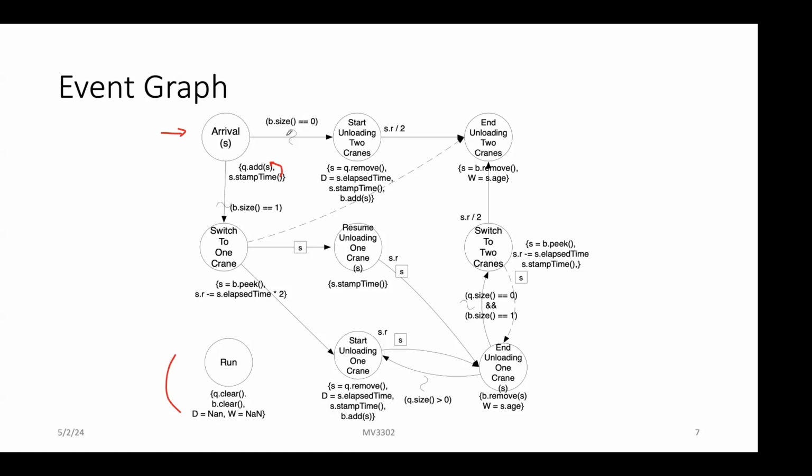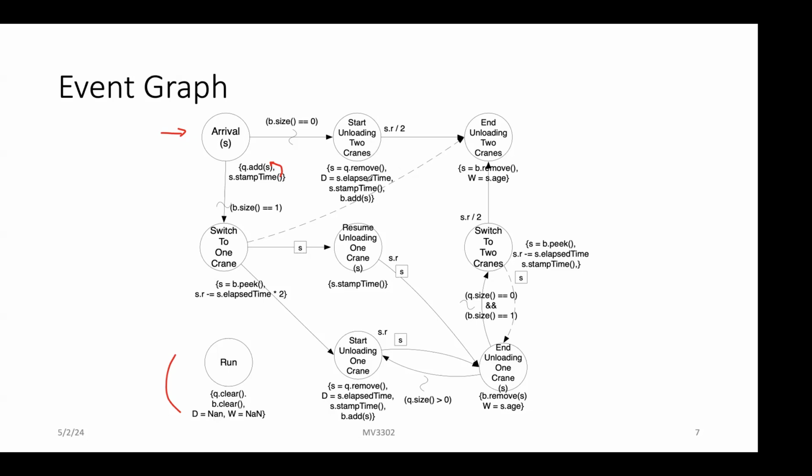Let's deal with the easy one first. If nobody is in the berth, then we can start unloading with two cranes and have a separate event for that. And so what do we do for that? Well, we remove the ship from the queue, stamp its time, and then add it to our berth.